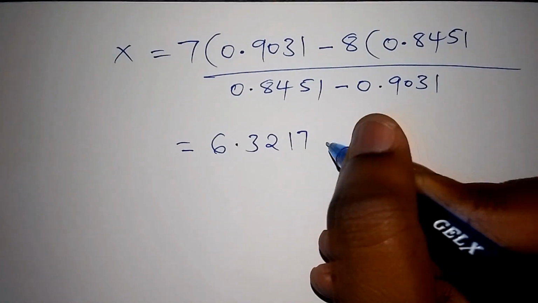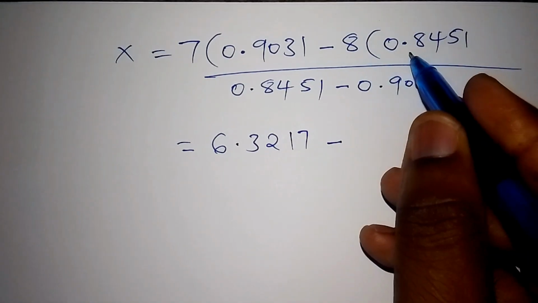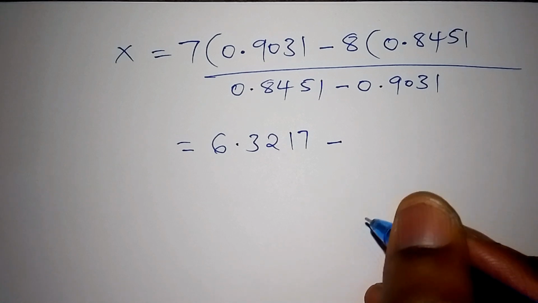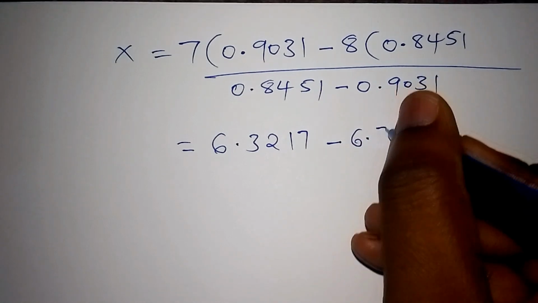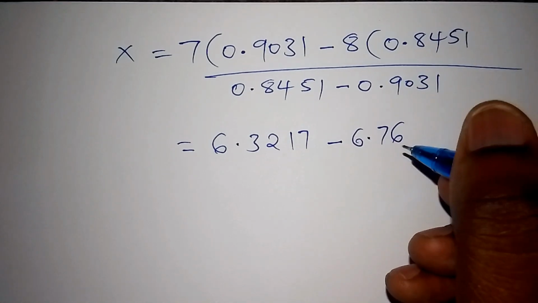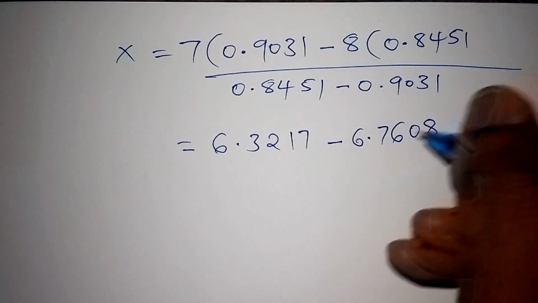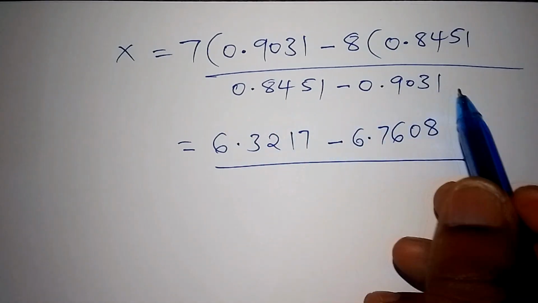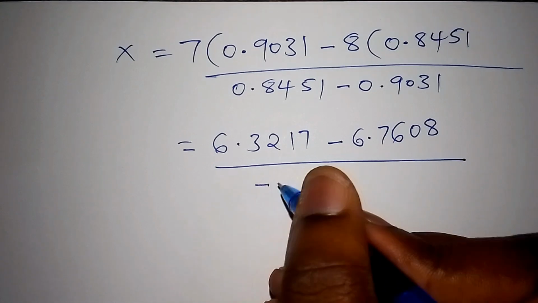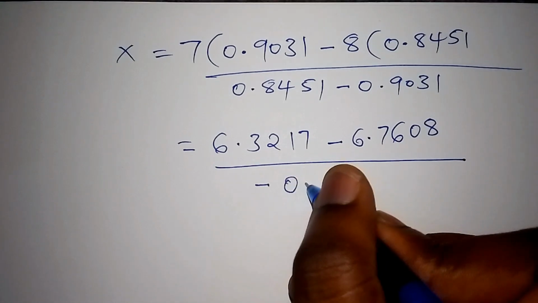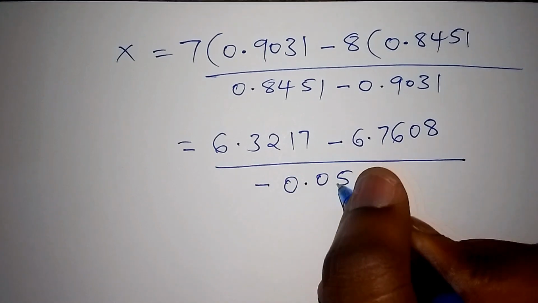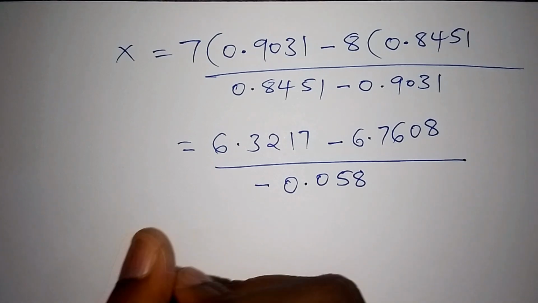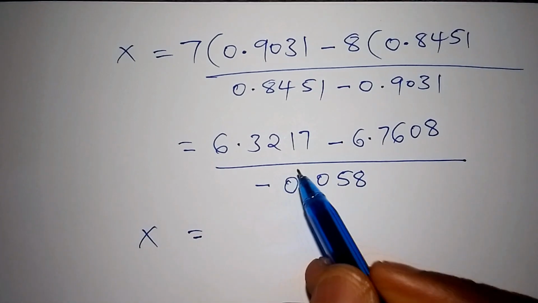Minus 8 multiplied by the number inside the bracket, we shall have 6.7608. Then all over, when you work out 0.8451 minus 0.9031, we shall have minus 0.058.